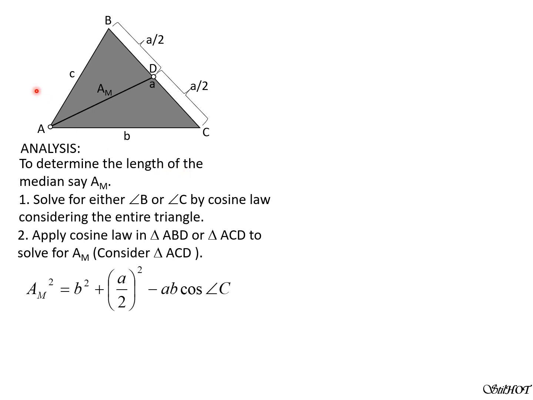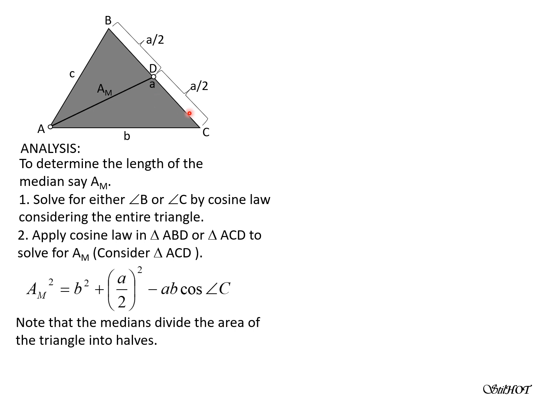We also note that the median divides the area into two equal parts, or into halves. Because if we call this angle theta here, this angle is 180 degrees minus theta. The area of this triangle, remember, is 1/2 product of adjacent sides sine of included angle. So the area of triangle ABD is 1/2 AM A over 2 sine theta.